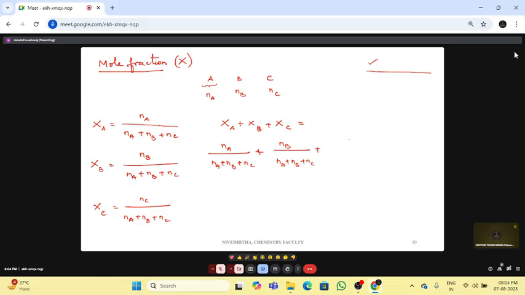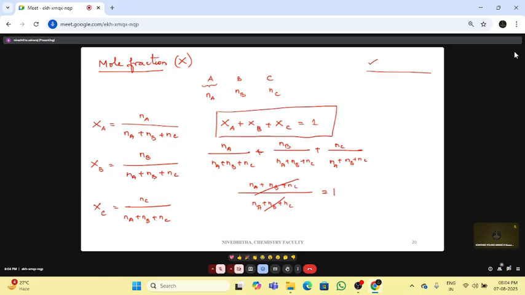And what is XC? Number of moles of C divided by total number of moles. So the common denominator is Na plus Nb plus Nc. So if you add all the numerators, it is also Na plus Nb plus Nc. So if you cancel this, it is equal to 1. So if you add all the mole fractions, then it will always be equal to 1. Okay, that's it.